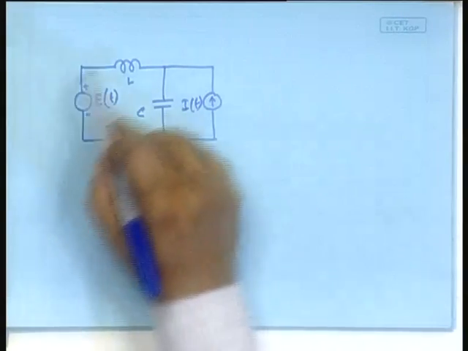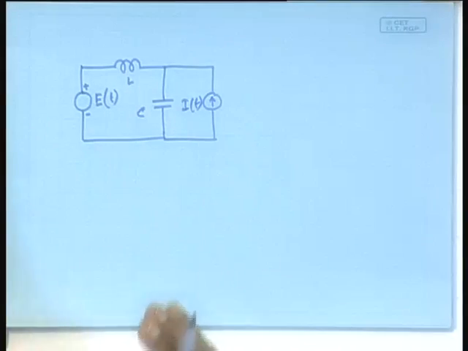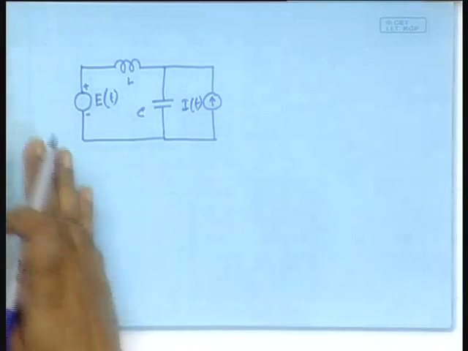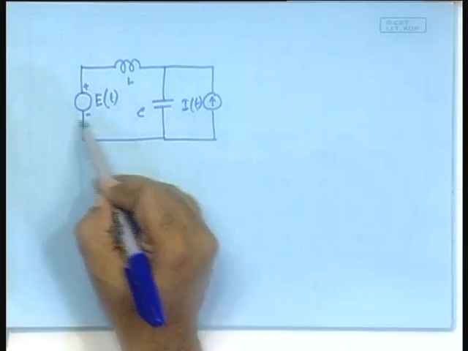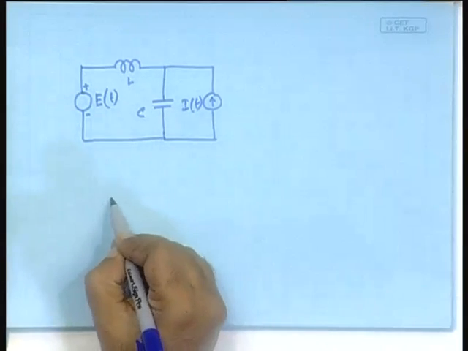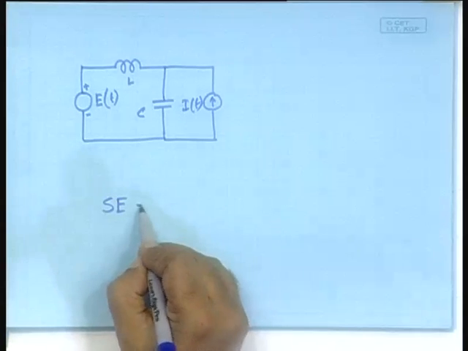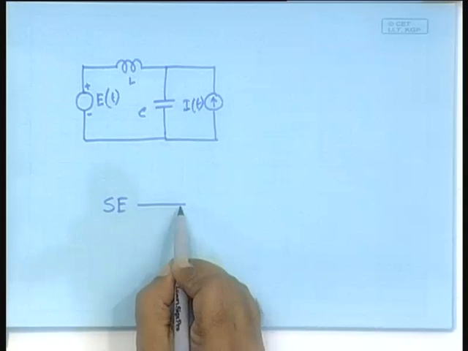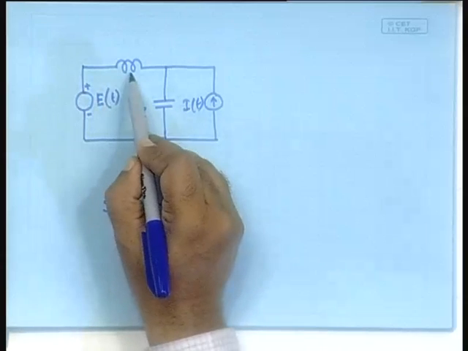So, it is slightly different, but let us start from one element and then go ahead to draw the bond graph. First, let us start here. So, it is an SE element, SE connected to a bond. What is it connected to? Notice that it shares the same flow with this L element.